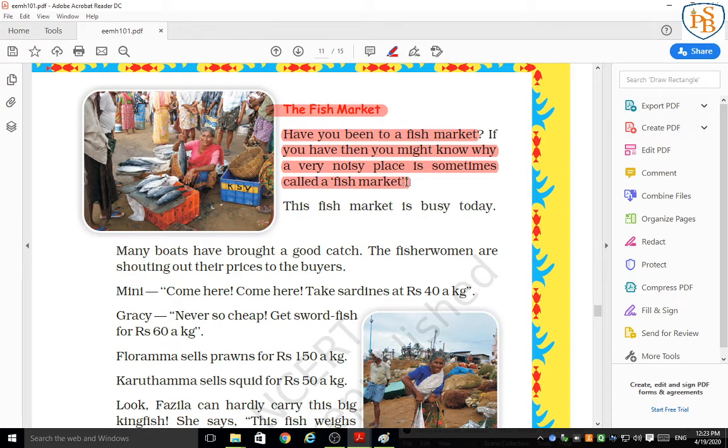If you go to a fish market, you can see it is such a noisy place. Do you know why? Yes, because the people shout so much to sell their fish.